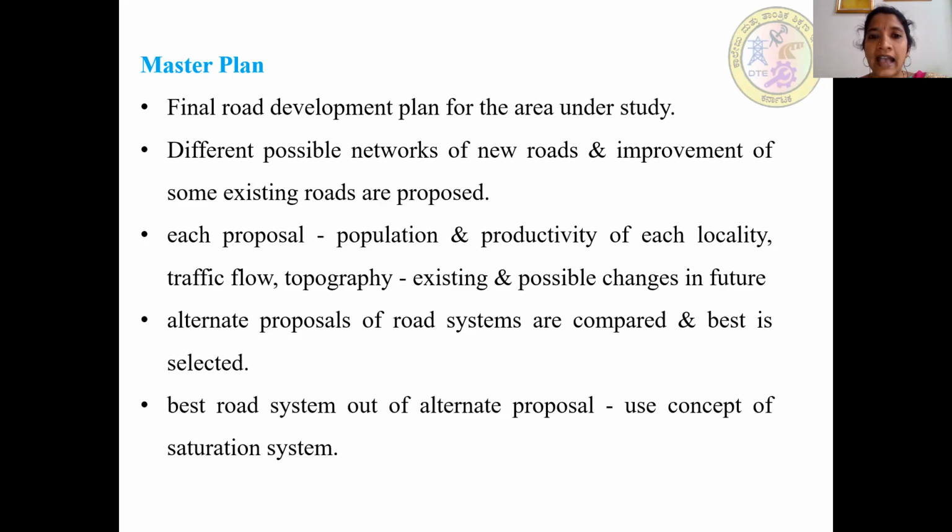Each proposal has population and production of each locality, traffic flow, topography of existing and possible changes in future. Alternate proposals of road systems are compared and best is selected. Best road system out of alternate proposal can be calculated by using saturation system.